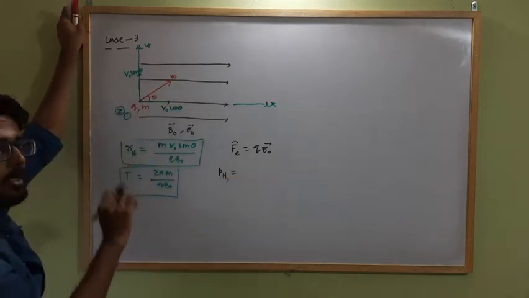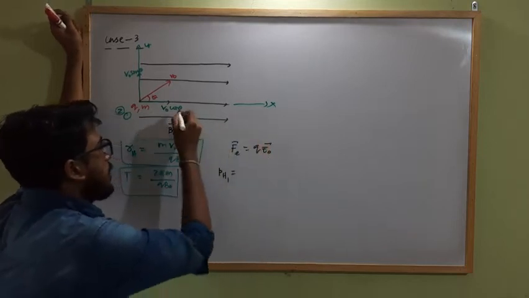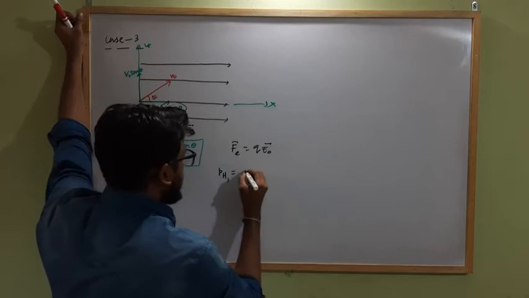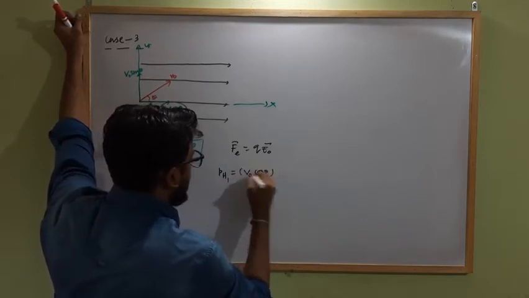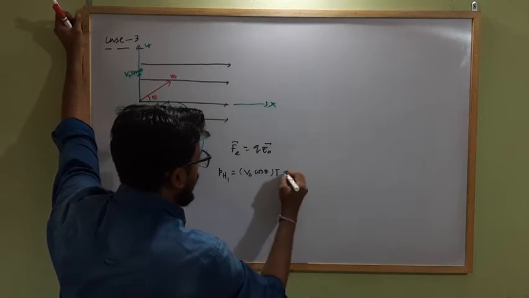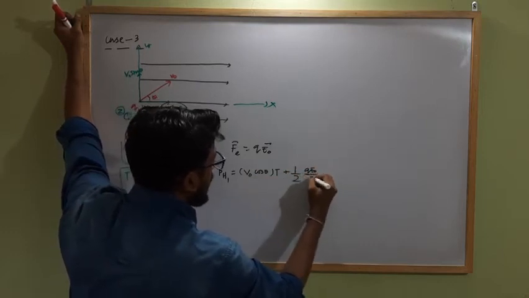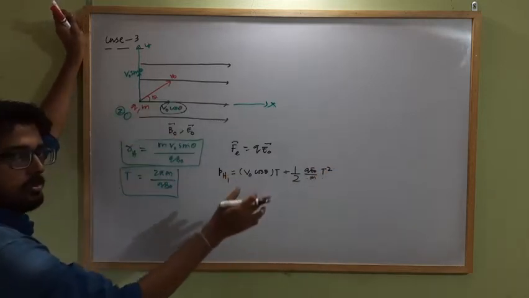The distance covered by the particle in one time interval. Here along the x axis the particle has an initial velocity v naught cos theta. So the distance covered in t seconds will be v naught cos theta into t plus half q E naught by m into t square. This is the value of pitch 1.